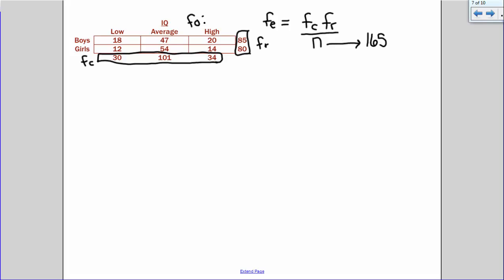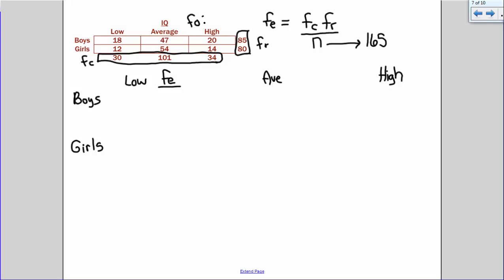So let's go ahead and get organized, and let's kind of recreate the structure of that table for our frequency expected. So we've got boys, and we've got girls, and we've got low IQ, average IQ, and high IQ.